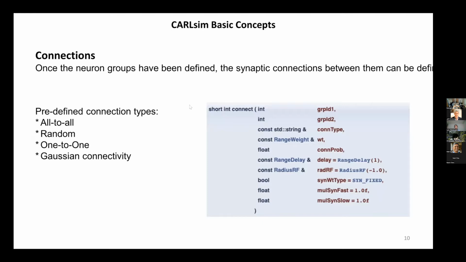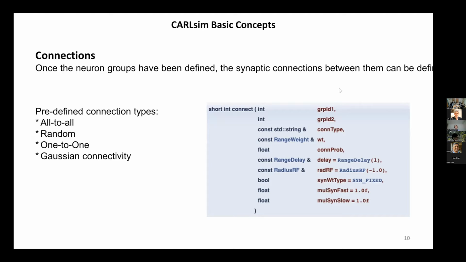Yeah, so once 2 neuron groups are created, we can use the synaptic connection function to build a connection between them. For example, we have 4 types of predefined connection: all-to-all, random, one-to-one, and Gaussian connectivity. This is a basic introduction of our connection function. The first 2 parameters are the group IDs, which are the results that we get from the create group function.